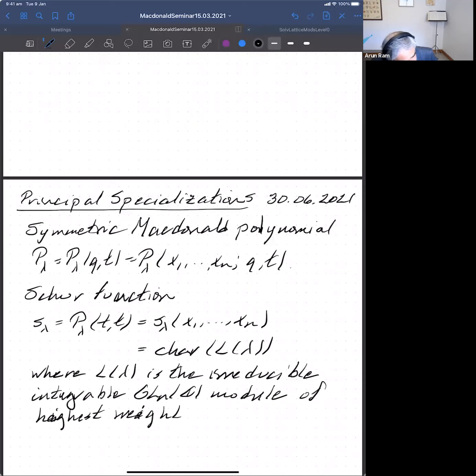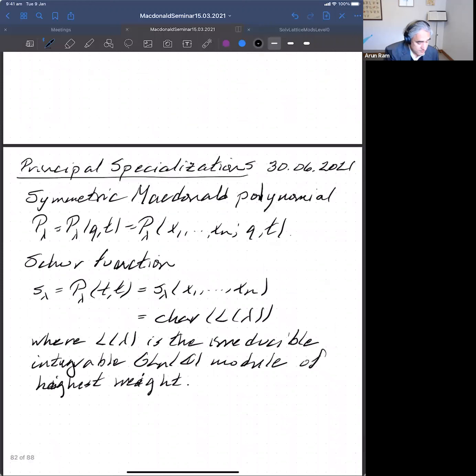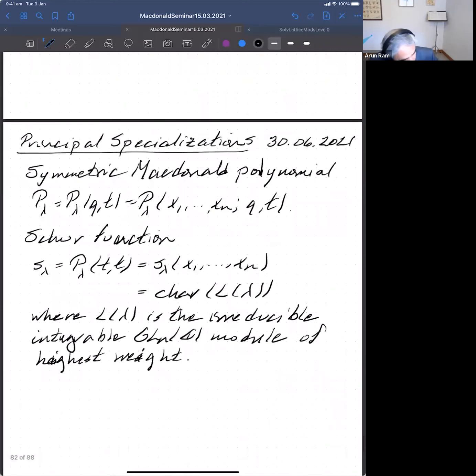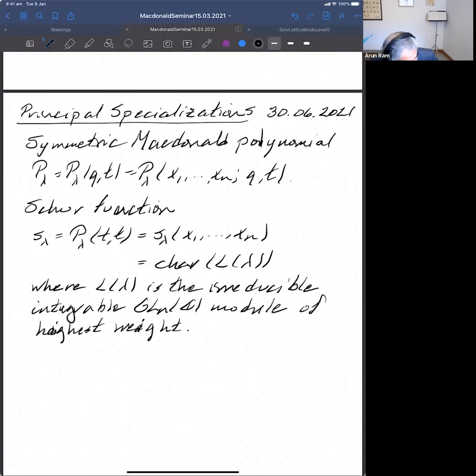And the fact that it's a character means that if you take the Schur function and you specialize all the variables to 1, then you get the dimension of this module.